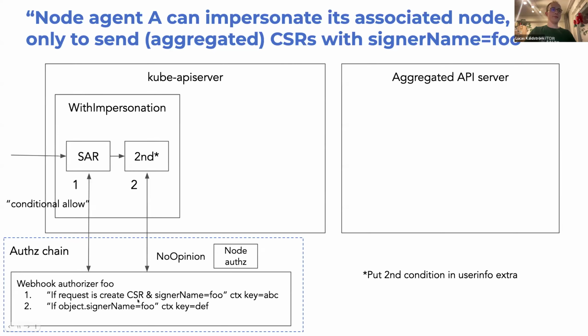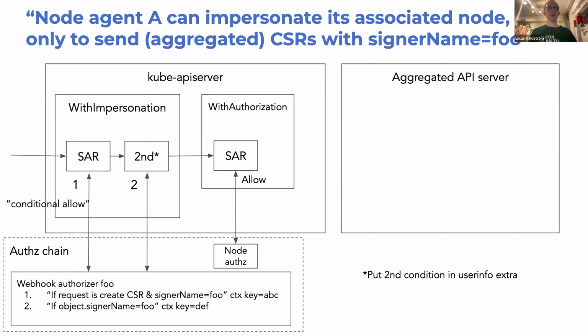But I still need you to verify that the object signer name foo is true. And the webhook authorizer here saves this residual, object signer name equals foo, with the context key def here in memory, and sends it back with the SAR response. It says conditional allow again, and says to call me back again later with context key def.